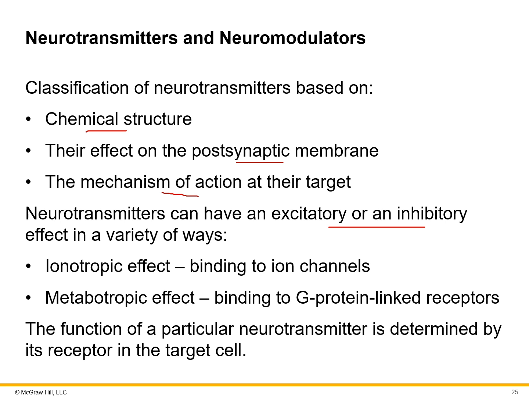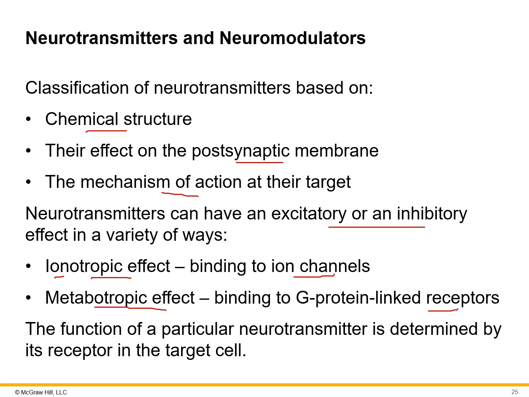They can also have an ionotropic effect, meaning that they bind to ion channels, like ligand-gated ion channels. Other times, though, a neurotransmitter, instead of binding to an ion channel, binds to a different receptor, a G protein coupled receptor is an example. But this is going to change the effect on the cell.